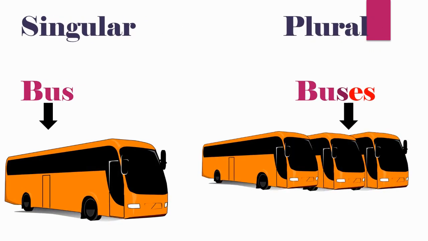Next example is bus, buses. The singular noun ends with s. Here an es is added to the word to make it into plural form. So it becomes buses.